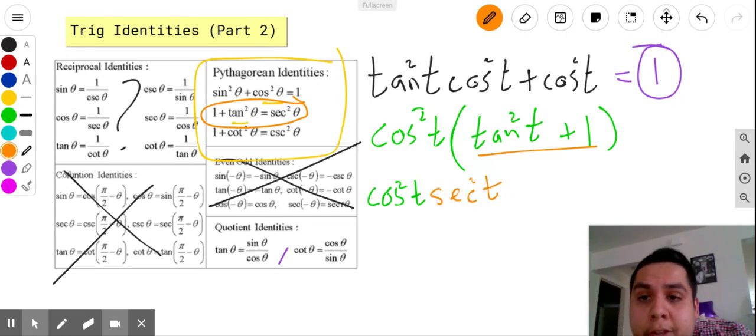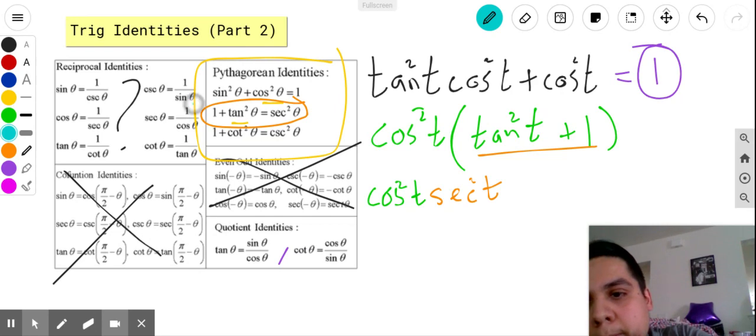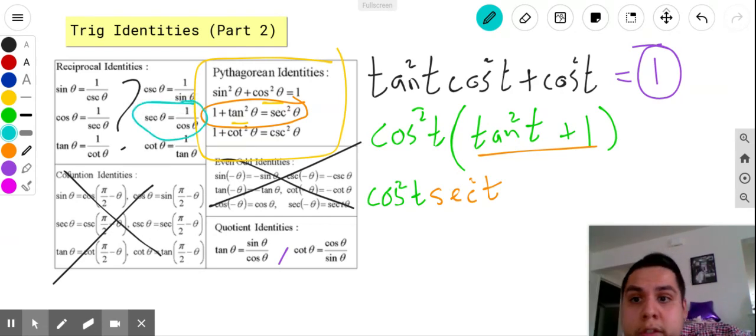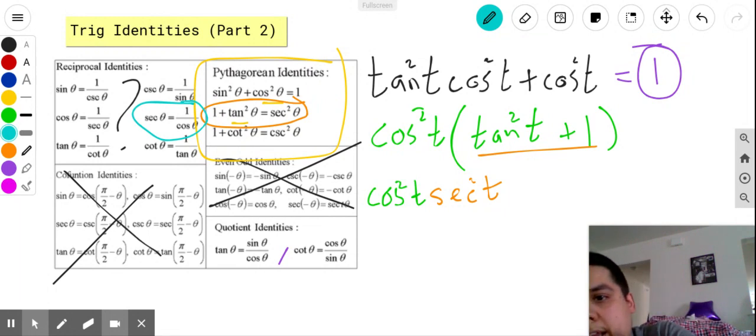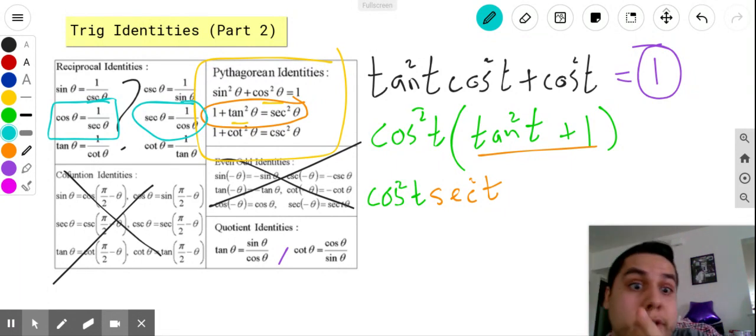Okay, and now that I have secant, I think about using the reciprocal identities. So secant is the same as 1 over cosine. Or if you wanted to, you could also opt for writing cosine as 1 over secant. I personally like to keep things in terms of sine and cosine, so I'm going to go with replacing the secant. But you're not wrong if you replace the cosine instead. I won't do both, though.